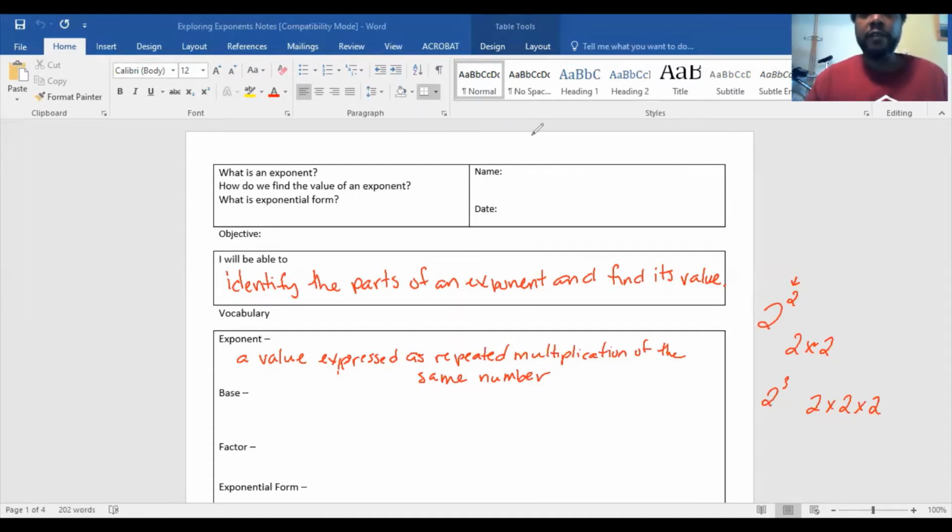Next I have my base. So the base is the number or variable that is to be evaluated by the exponent.